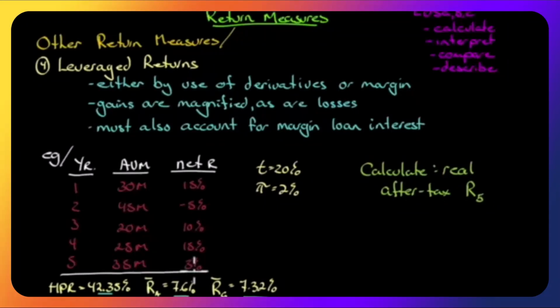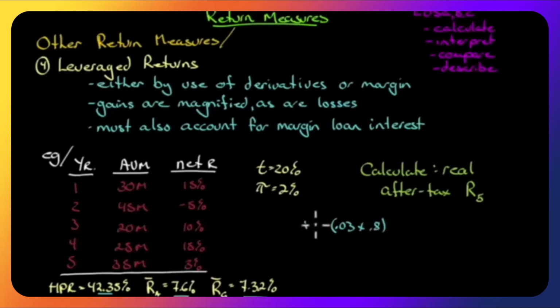Well, we have a nominal return of 3%. Now, taxes are off our nominal amount, so we can take our 0.03 and multiply it by 0.8 because our tax rate is 20%. That'll be our nominal after-tax return. Now we need to discount that backwards by the rate of inflation. At the end of the year, we would have had 3% times 0.8, or 2.4%.